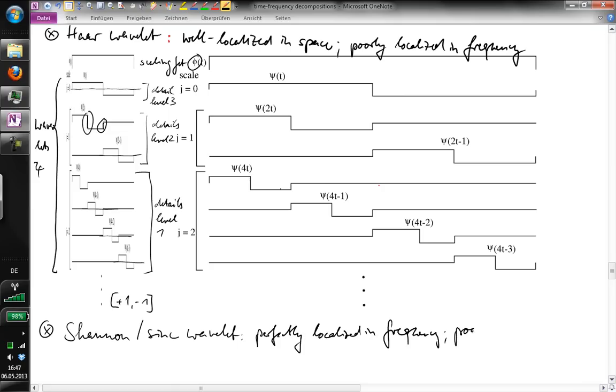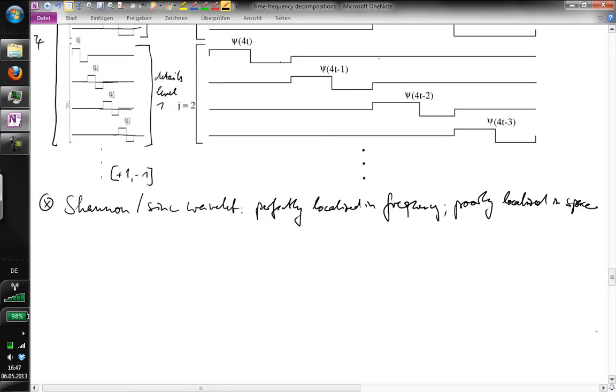But it's poorly localized in space. So that's a bit of a repetition here.